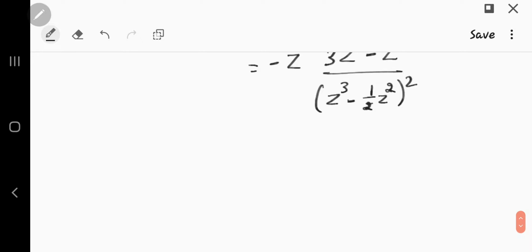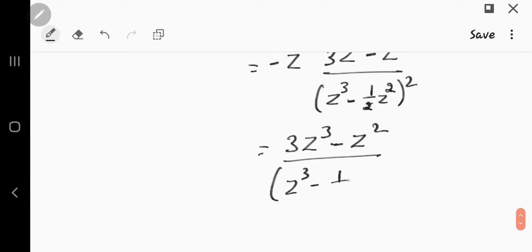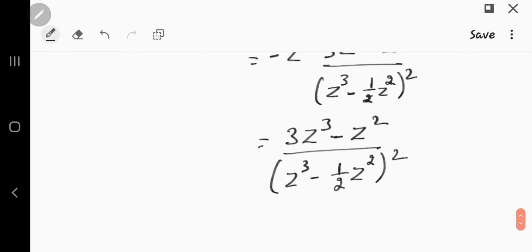Now if you simplify this, I think you should get the term 3z cube minus z square divided by z cube minus 1 by 2 z square whole square.